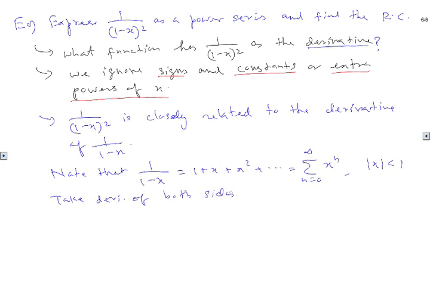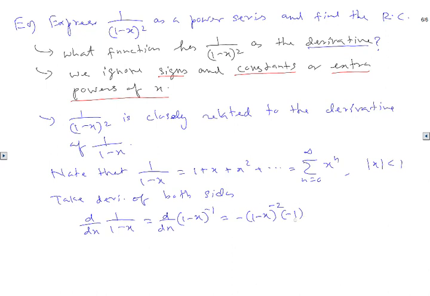On this side, due to the chain rule, we write 1 over 1 minus x as (1 minus x) to the negative 1. Its derivative is negative 1 times (1 minus x) to the power negative 2 times negative 1.